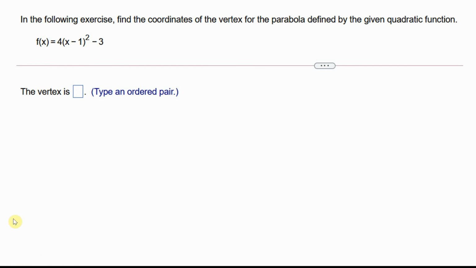So this problem is already in that form that we want. I can look at that and tell that the vertex is h, which is the 1, and the k is negative 3.